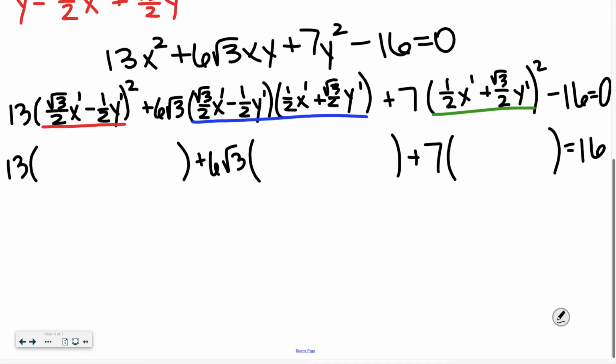You have to FOIL this. Yep, there should be 3 terms. Oh, because I didn't do the middle. Yeah, you didn't do the middle 2. Okay, and the same thing with the blue. Those aren't conjugates. You have 0 conjugates in this one.